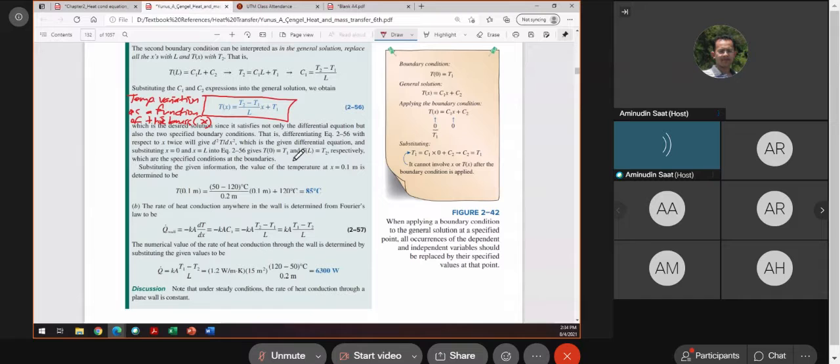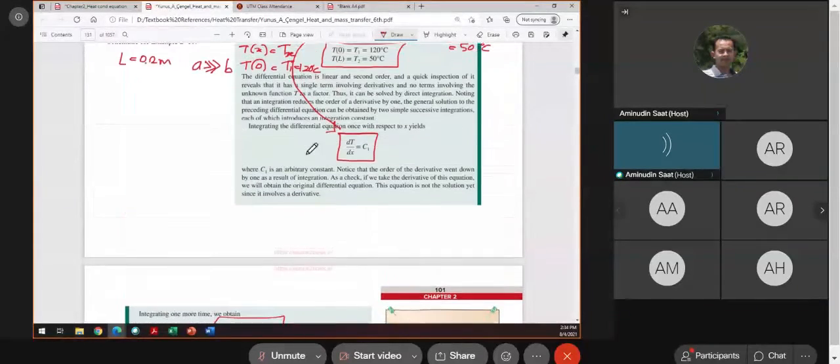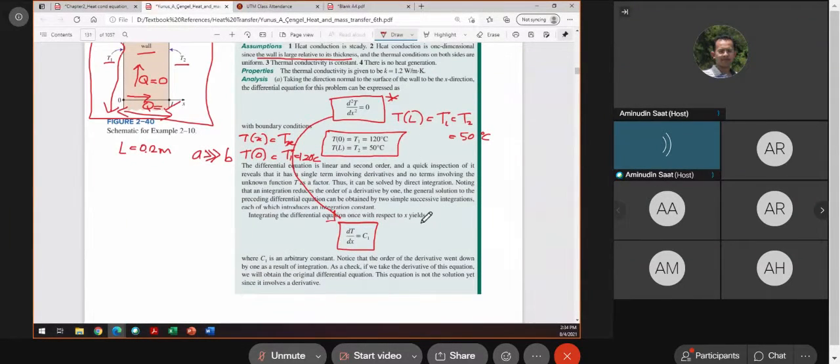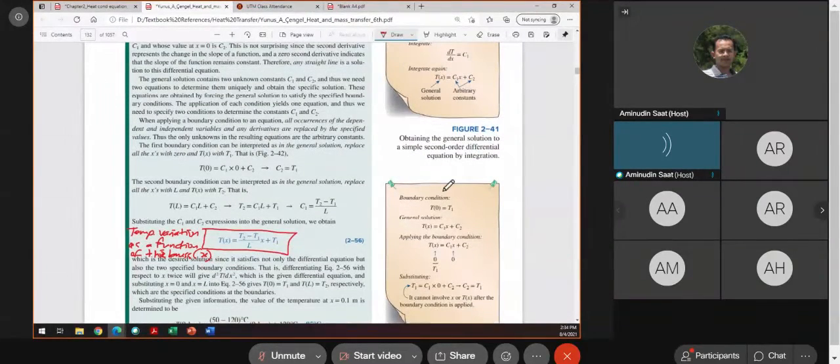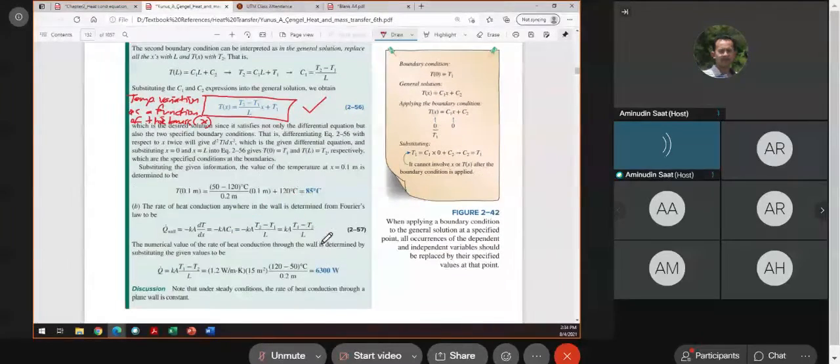Normally from these equations, this is the mathematical expression, and from the mathematical expression you find the temperature variation. Finally you use the temperature variation equation to find the temperature you want along the wall thickness.